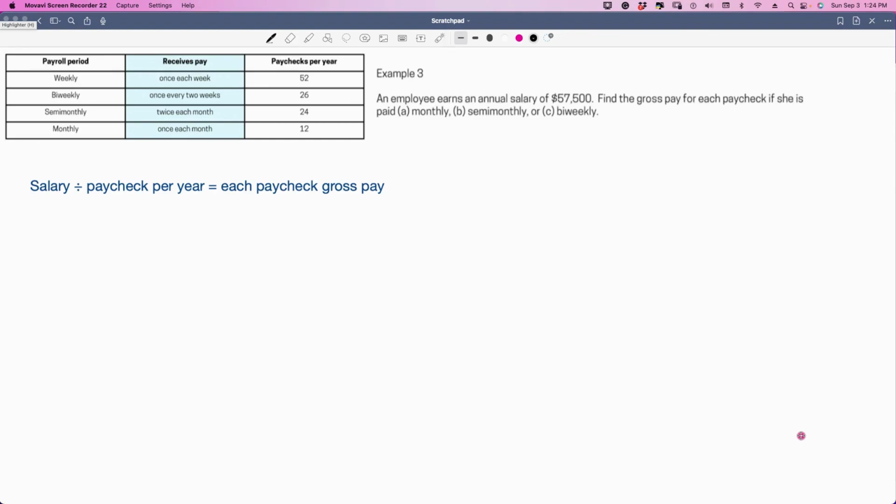Your salary people are the ones that actually end up doing a little bit more stuff off the clock. Sometimes they have to come in on Saturday and prep for a meeting on Monday. Or sometimes they have to travel over the weekend to do a job in another part of the country. That travel time, they're not compensated for that. They don't get paid for traveling. It's included in their salary already.